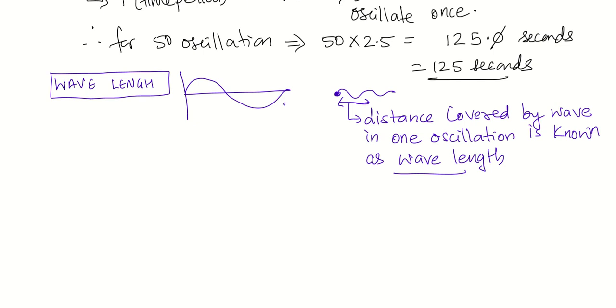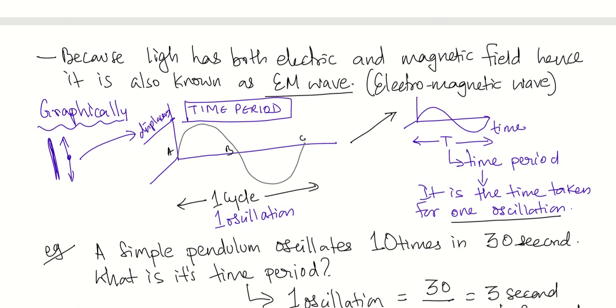So if this is the one oscillation and this is the distance I am measuring for the wave, remember there is a difference between this and what is up. At top here it is not distance, it is time. So be very careful. The top is the time taken for one oscillation, and what you're seeing down here is the distance covered by the wave in one oscillation.